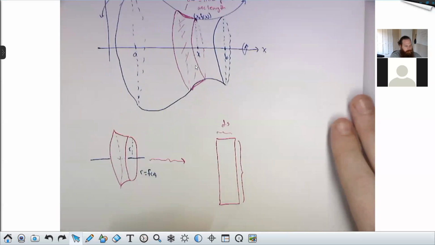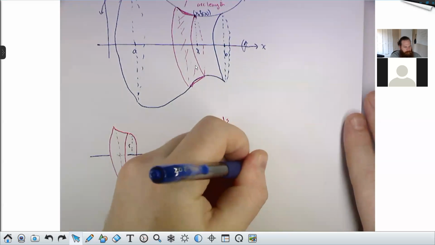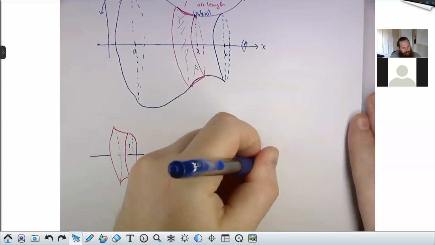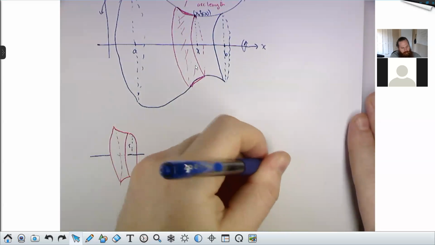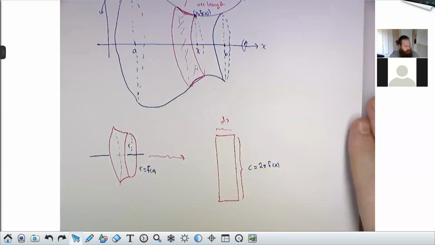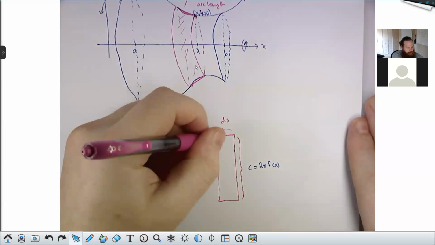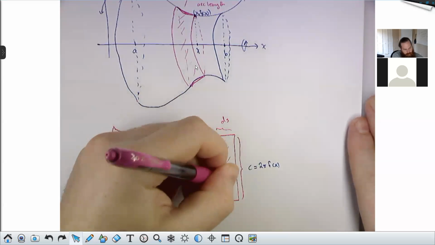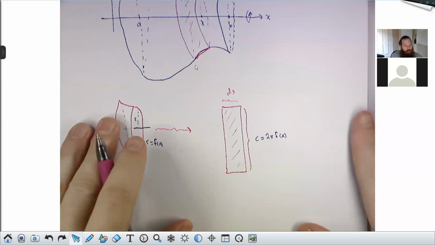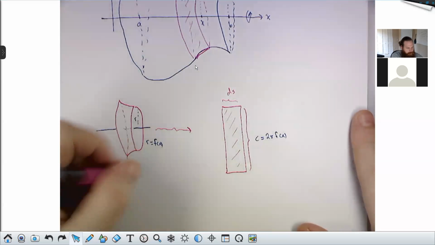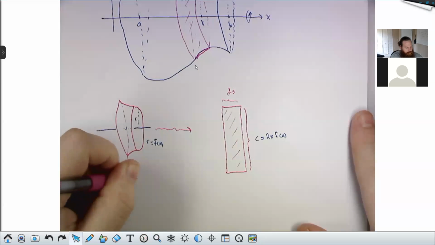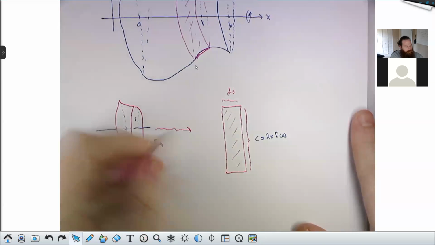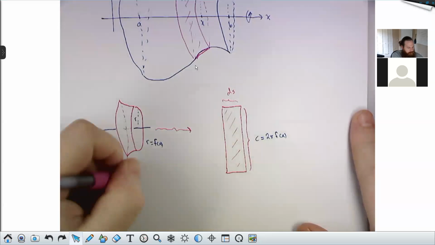So that means this distance right here is the circumference, which is 2 pi times f of x. Which means that this little patch of surface area, which I'll call dA, is 2 pi f of x ds.